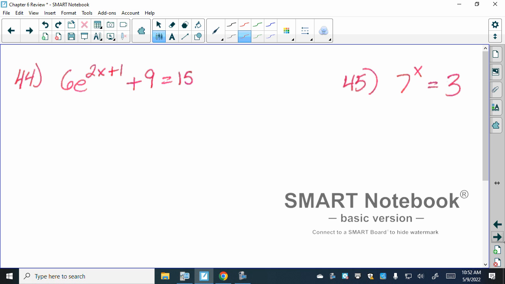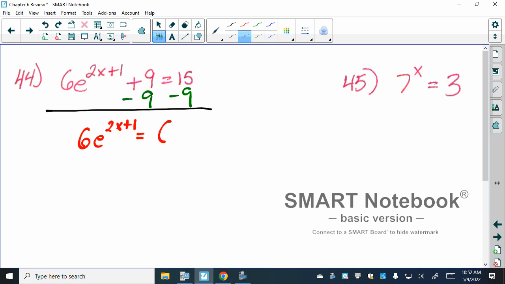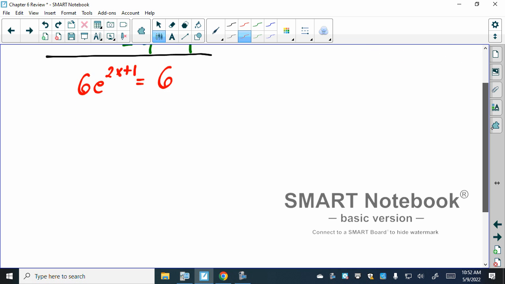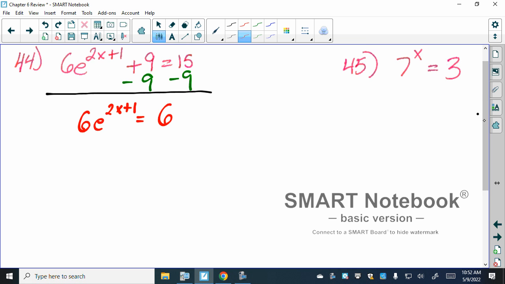Okay. So for 44, the first thing we want to do is get e by itself. So the first thing we can do is minus 9 from both sides, which will tell us that 6e to the 2x plus 1 is equal to 6. Then what can we do?